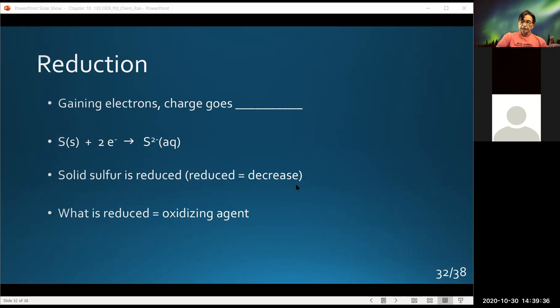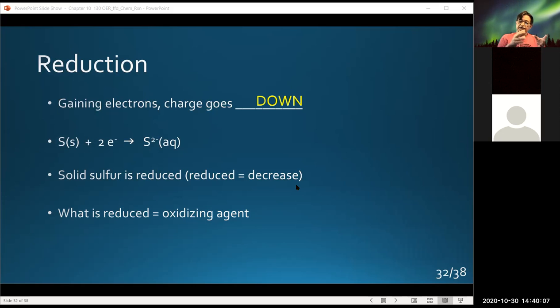Sulfur here, for example, gains 2 electrons. Okay, and so it underwent reduction, and so its charge goes down in value. It went from a 0 to a negative value, -2. Okay, so it went down.